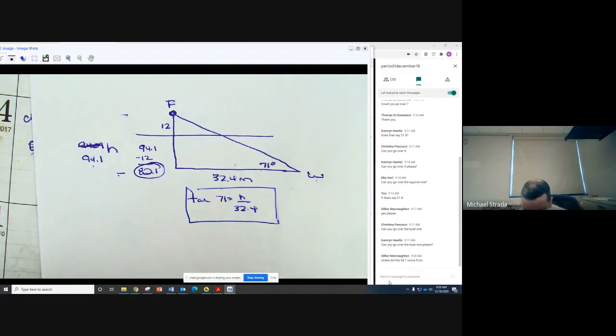This time, instead of adding, you're going to subtract. So if you put 94.1 instead of the 82.1, you'd lose a couple points for not taking care of that. But if your trig is fine, you would get most of the points.